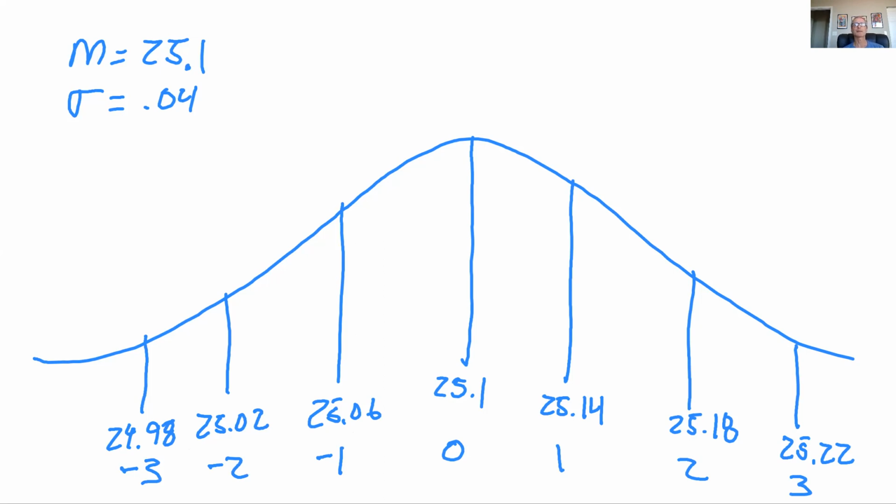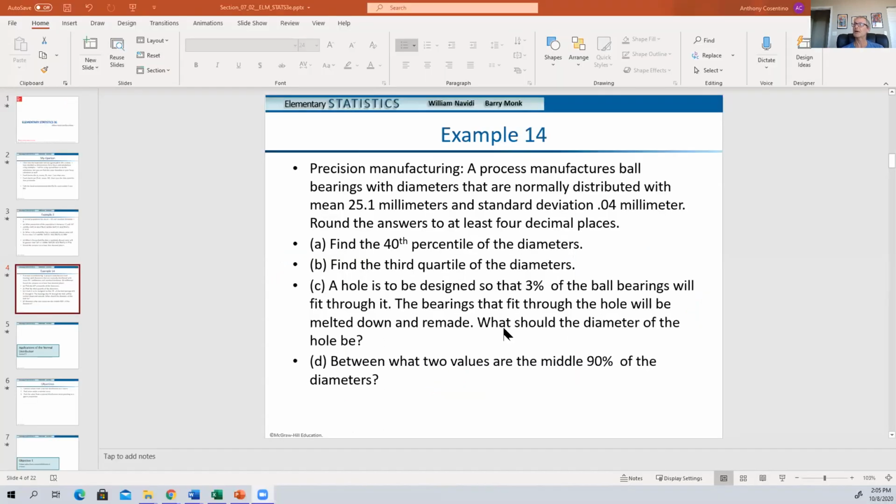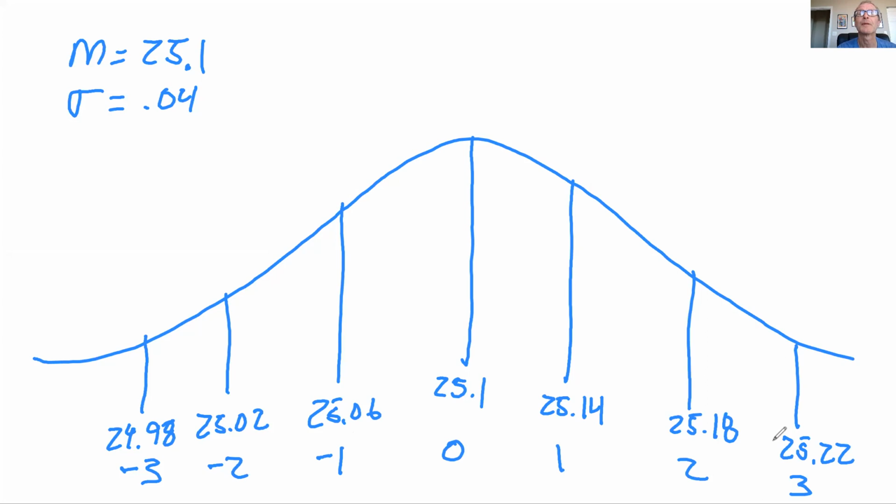So going back, let's do the first one. This says, find the 40th percentile of the diameter. It's like, okay, so what does that mean? Well, let's go back to our graph here. And first of all, remember that, let me put this in red, here's the 50th, right?